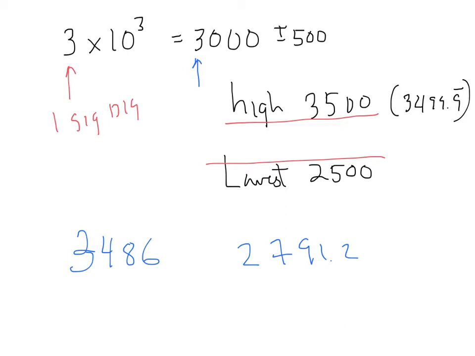Any number in the range of 3,500 to 2,500 is rounded to 3,000 when rounded to the nearest 1,000. In other words, if you were more than 3,500 up, you'd be closer to 4,000. And if you were below 2,500, you'd be closer to 2,000 than you would to 3,000. So the single significant digit tells you the accuracy with which this number is known.